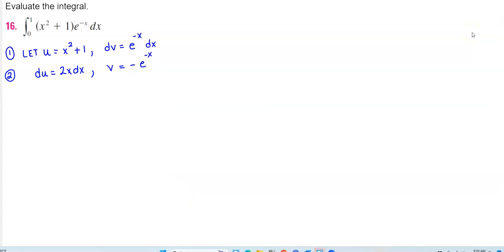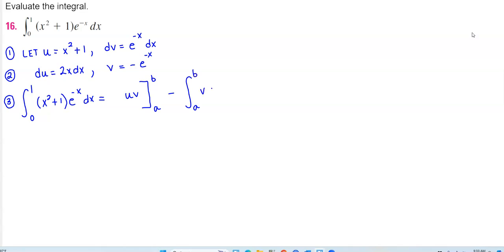Okay, so now let's go ahead and rewrite our original question. So we're going from 0 to 1 of x squared plus 1 e to the negative x dx. And so we have u times v going from a to b minus the integral a to b v du. So let's go ahead and put in our substitutions.